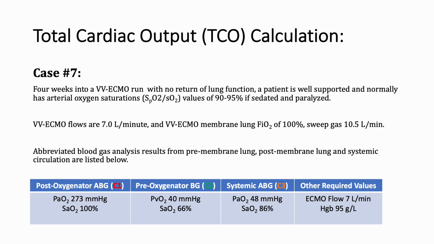Here below is the abbreviated blood gas analysis results from the pre-membrane lung, post-membrane lung, and systemic circulation, so just a normal arterial blood gas, and the hemoglobin is found in the chart as well. The required values for calculations are highlighted in yellow here.